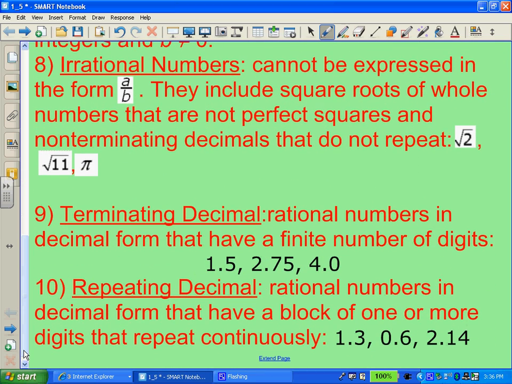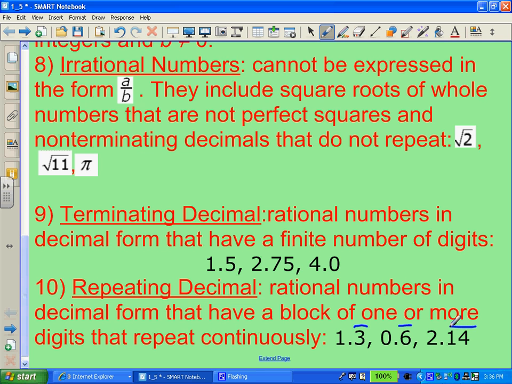Then our last two vocab words are terminating decimals and repeating decimals. Terminating decimals are decimals that stop. Okay? Terminate means to end. So terminating decimals have an end to them. So 1.5, 2.75, 4.0, etc. A repeating decimal, if you'll remember from last year, this bar means repeat.